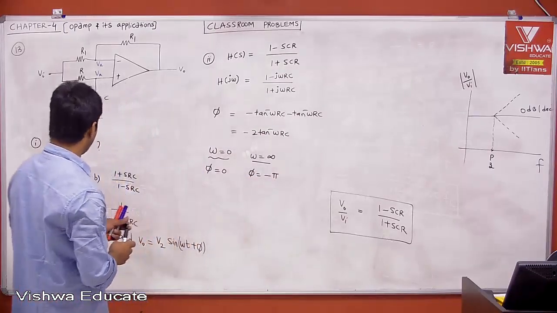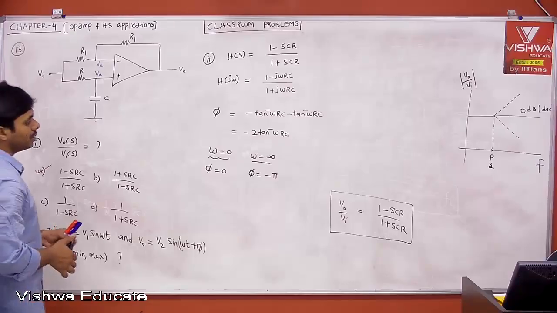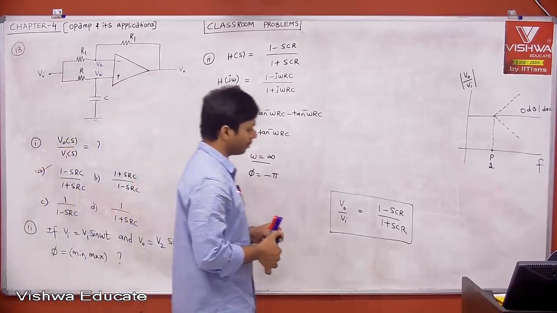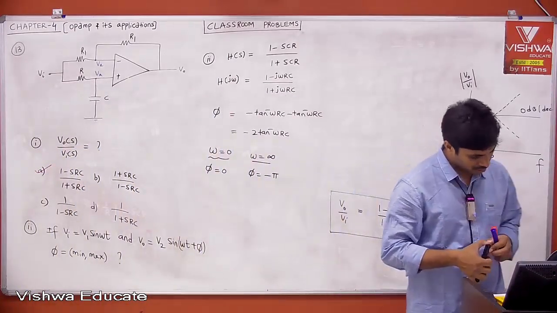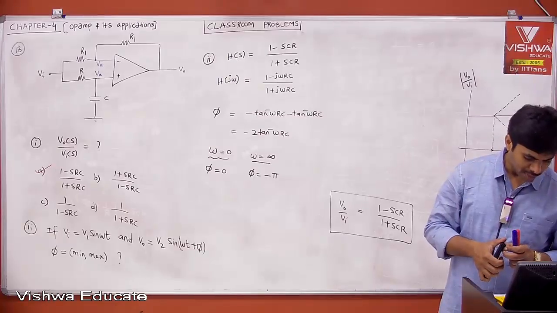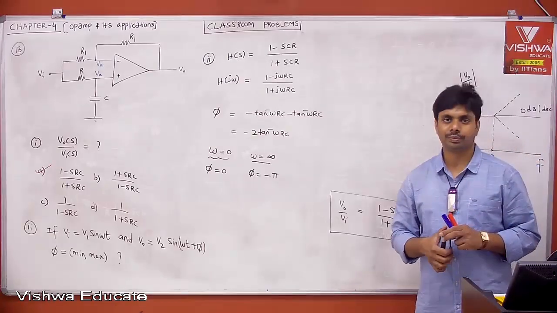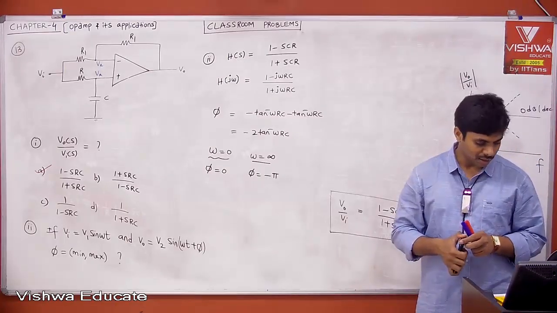Therefore what is the answer? Minimum and maximum values: minus pi and 0.